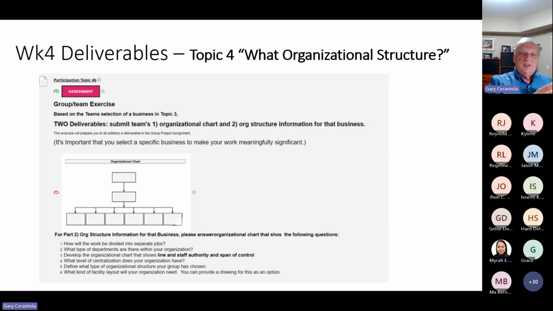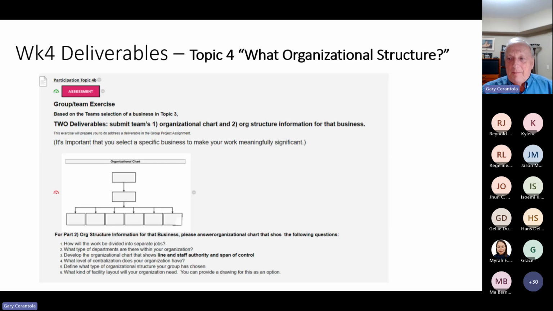So each organization, because it's different, has to be structured differently based on its mandate and the industry. It's not just one standard way of doing an organizational chart.